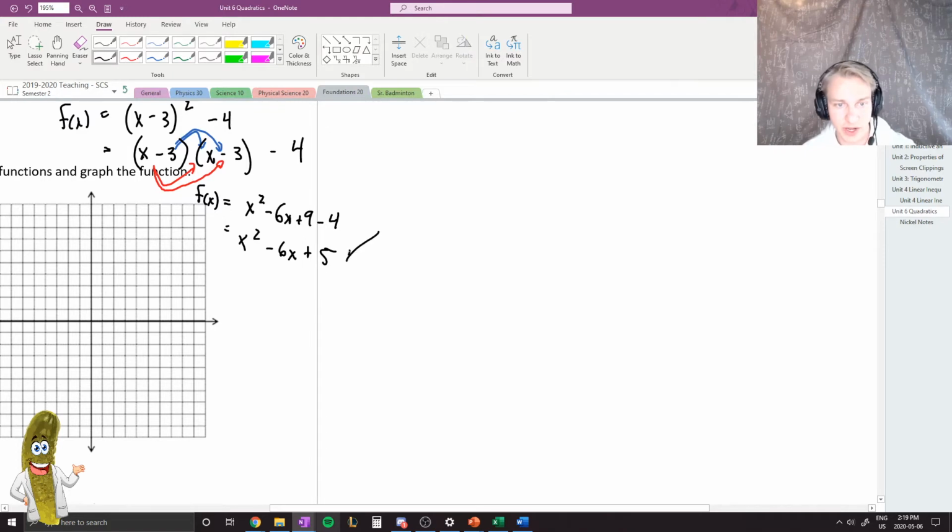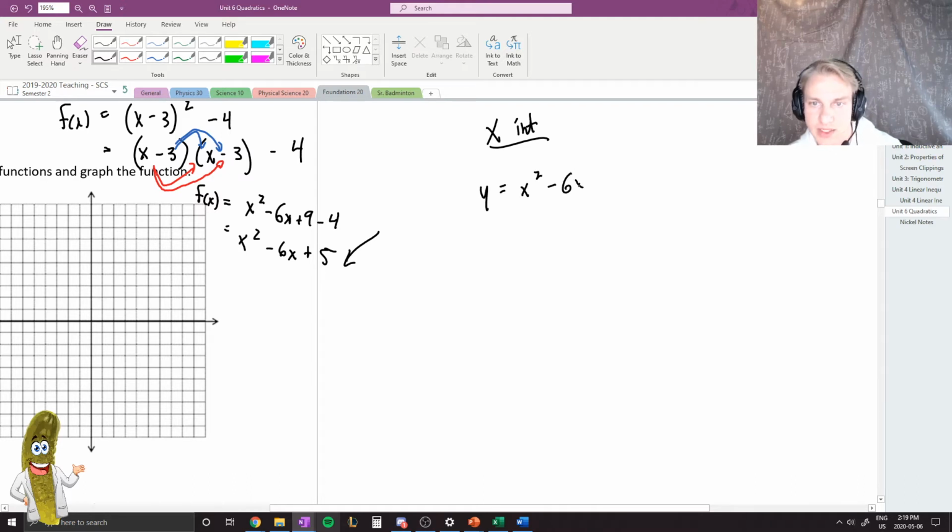So we simplified our equation to be y is equal to x squared minus 6x plus 5. We know that an x-intercept occurs when y is equal to 0. So we have x squared minus 6x plus 5. In order to solve this expression and figure out how many x-intercepts we have and what they are, we would need to factor this.